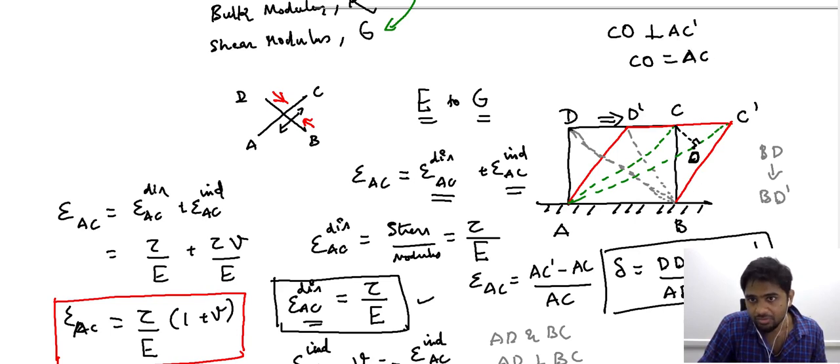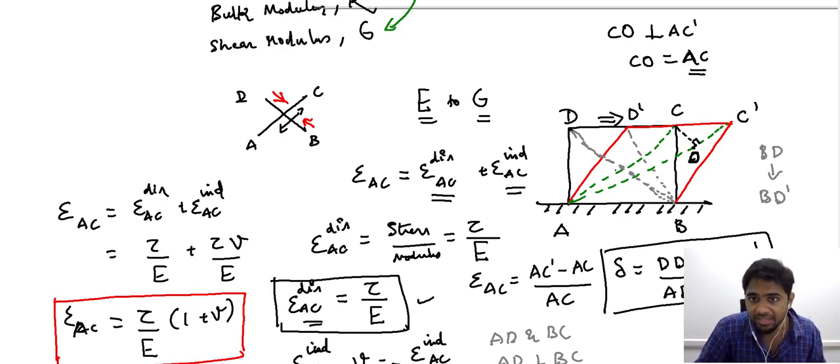AO is equal to AC. So we are selecting a point O along AC prime, and the characteristic feature of this point is that it sections AC prime in such a way that AO is the length of the original diagonal AC.